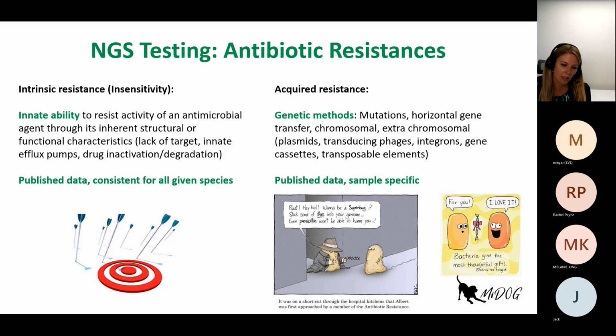And bacteria actually share this antimicrobial resistance quite frequently amongst themselves because, keep in mind, it's a question of survival for them. So if one of them acquires a method to resist an antimicrobial, they share it with the other members of the microbiome.